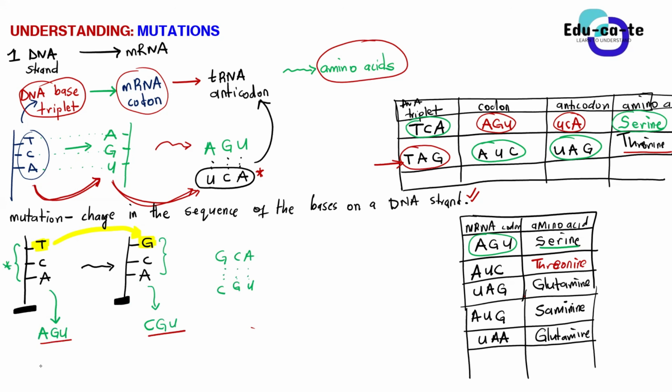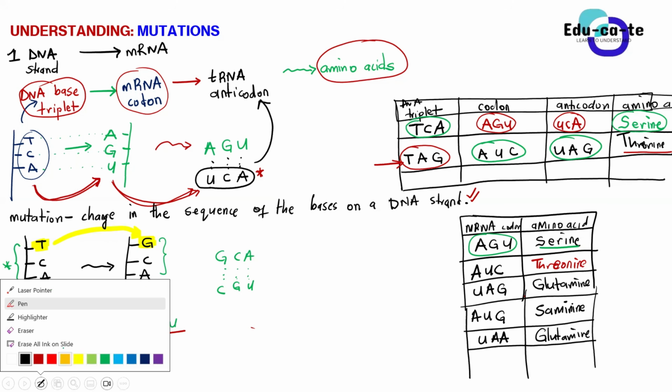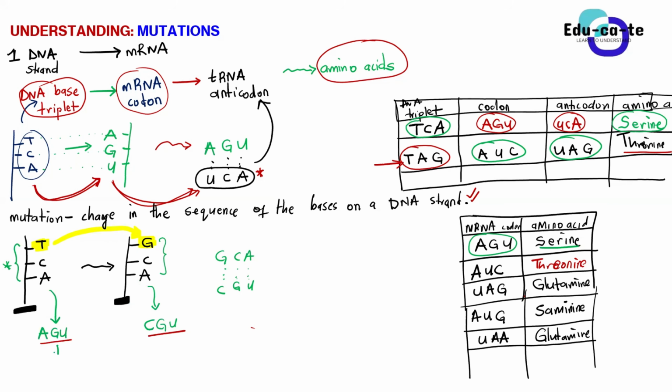Yes, sir. So this codon AGU, the one that we were supposed to produce at first, would have looked for which anticodon? UCA. So the anticodon that would have been used if the thymine did not change was going to be UCA.